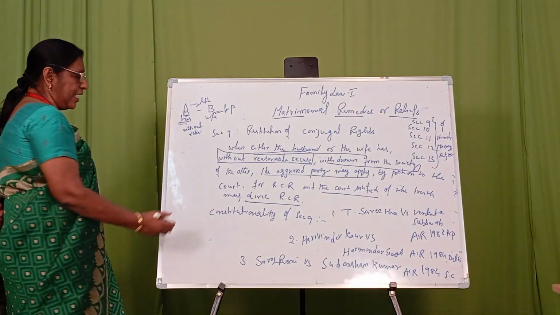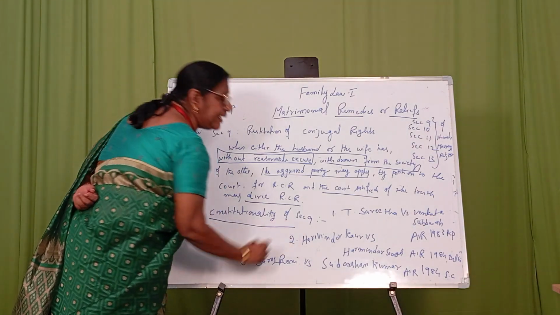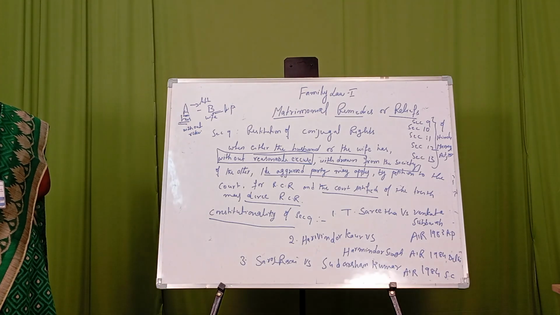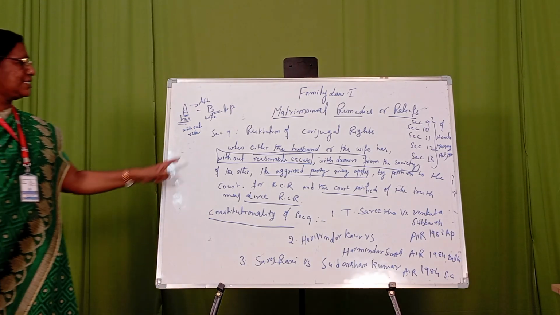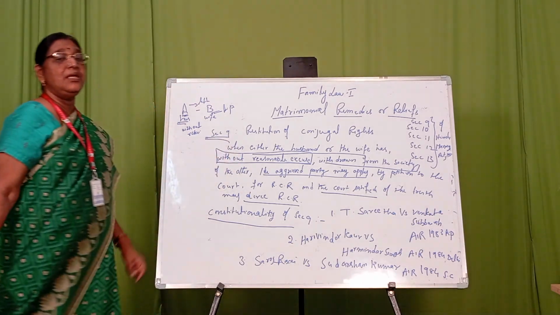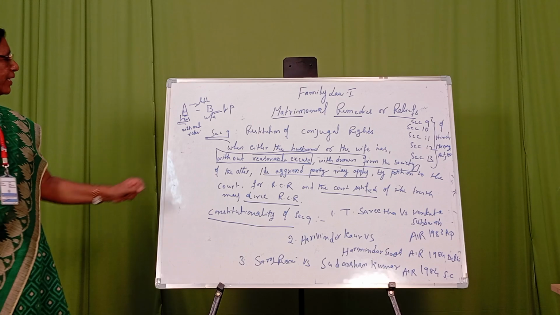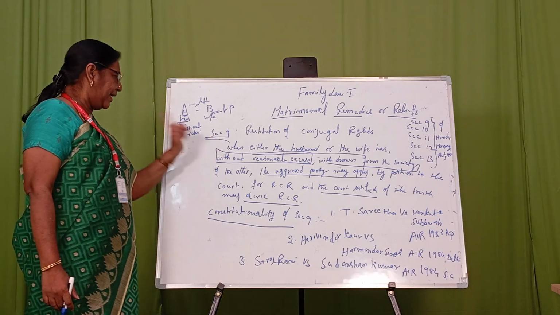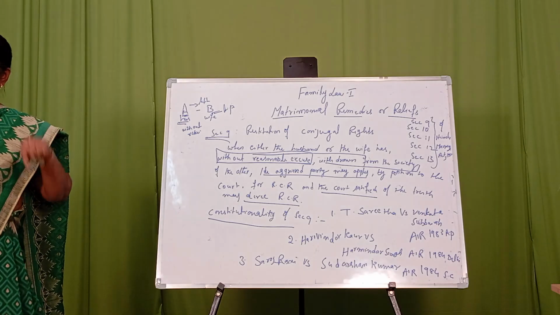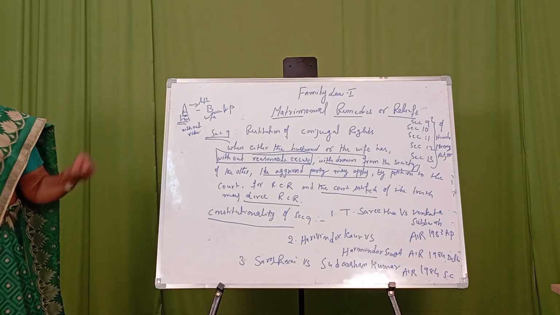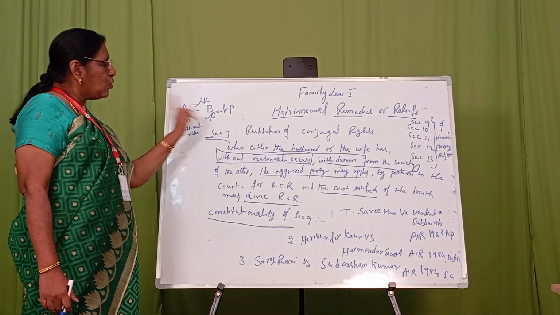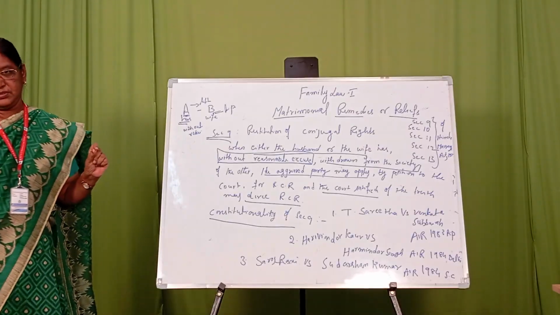Here a question of constitutional validity was raised in different cases filed before the court. It was argued that Section 9 is violating the rights of individuals, because if one of the parties is not interested in staying together in the matrimonial home, Section 9 is directing them to go and join the spouse.